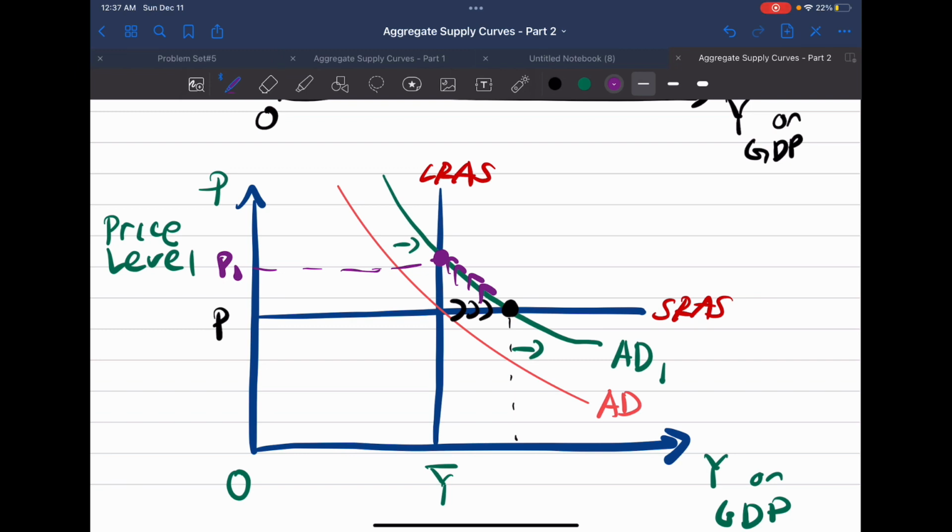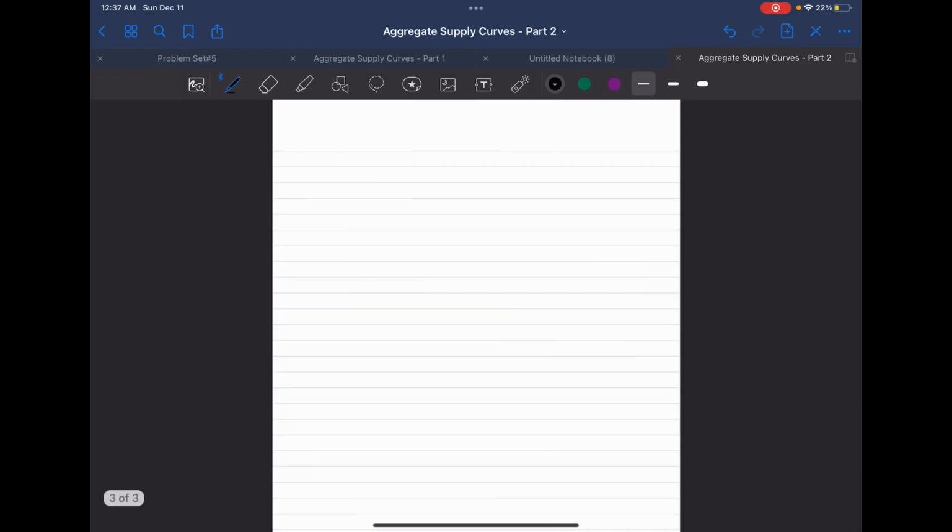But notice here, in the long run there are higher prices, but the output is the same as the initial output. So we can conclude that if there is an increase in aggregate demand, then it will increase output in the short run, but it merely affects the price level in the long run, not the output in the long run. So that's a very important distinction and analysis to make.